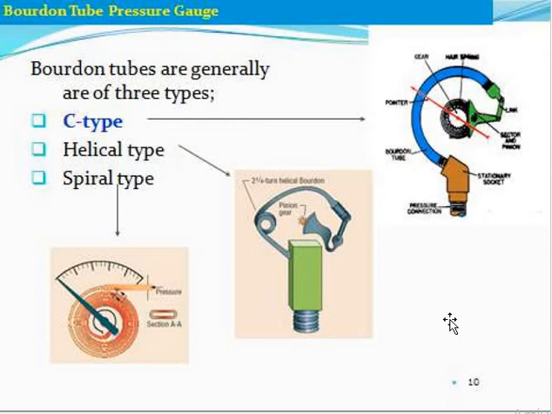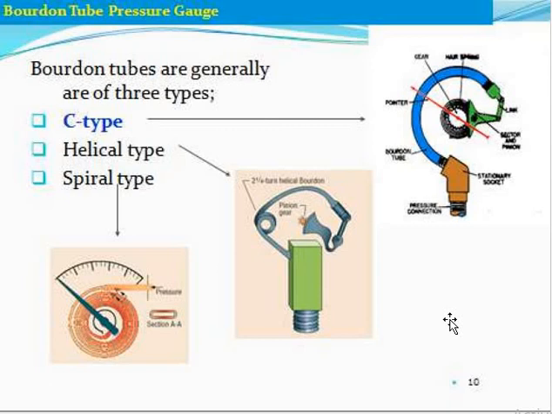Whereas in the helical type we use helical gears for exact measurement. Only when the teeth are spoiled are we unable to measure. But generally we can measure pressure very accurately in this also.